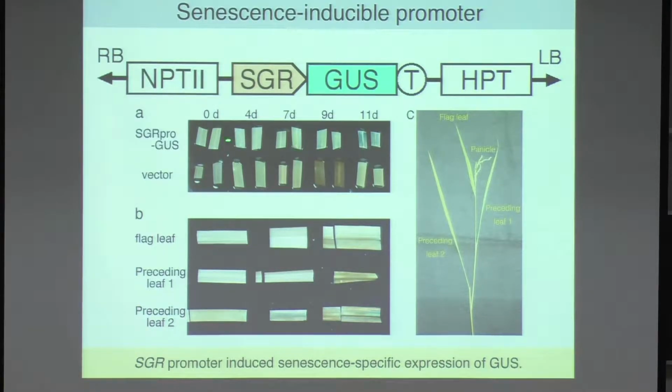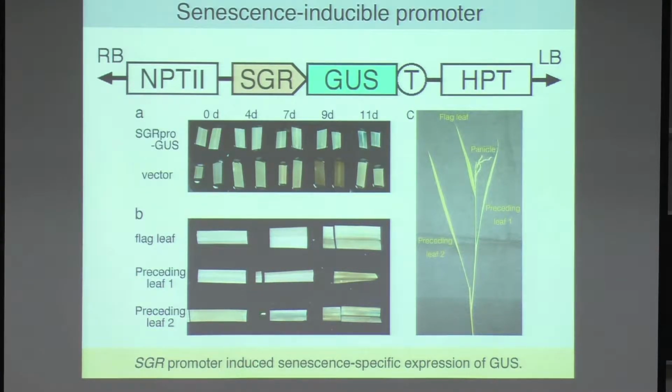We treated these leaves, and this is 0 days after senescence, and 4 days, 7 days, 9 days, and 11 days after senescence. As you can see here, at 9 days and 11 days after senescence, we can detect the reporter gene activity. But at 0, 4, and 7 days, we detected no GUS activity.